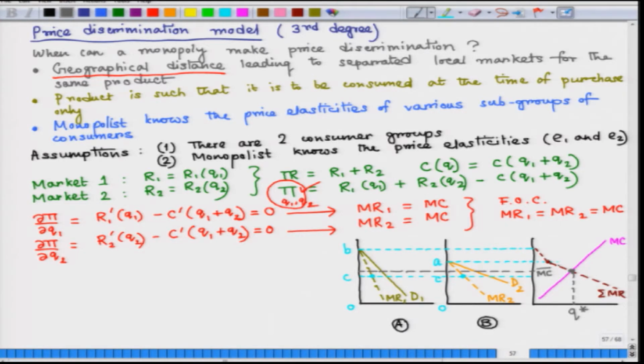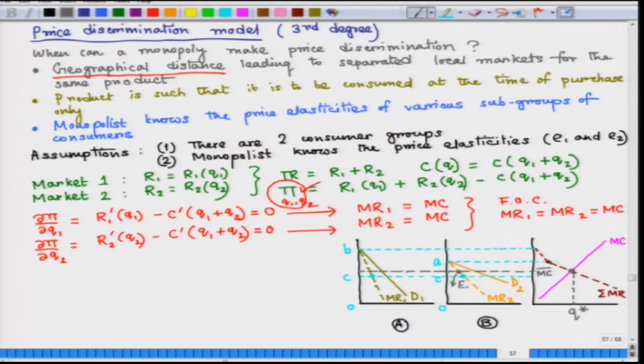Okay. And then we have to go back to our panel B and panel A diagram. So, here we see that this constant MC cuts the marginal revenue 2 curve at point say E2.